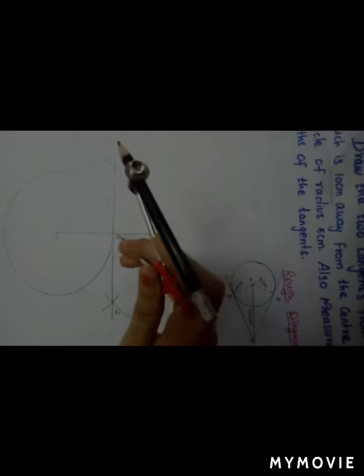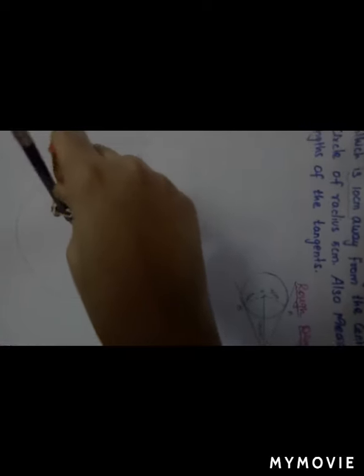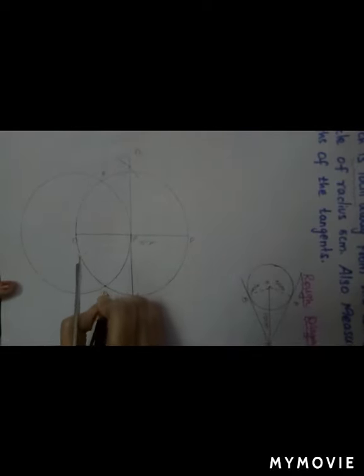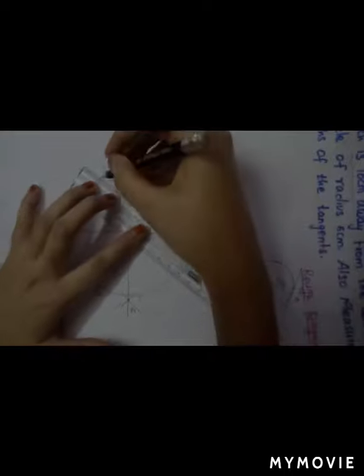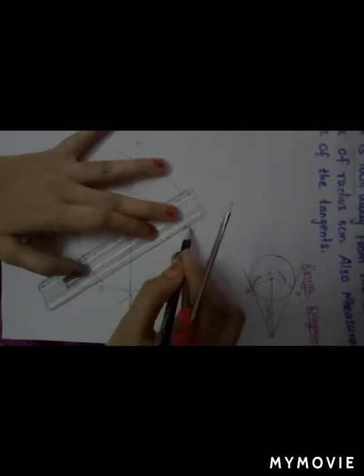Now with M as center, MO as radius, draw a circle which cuts the previous circle at A and B. Now join AP, BP.